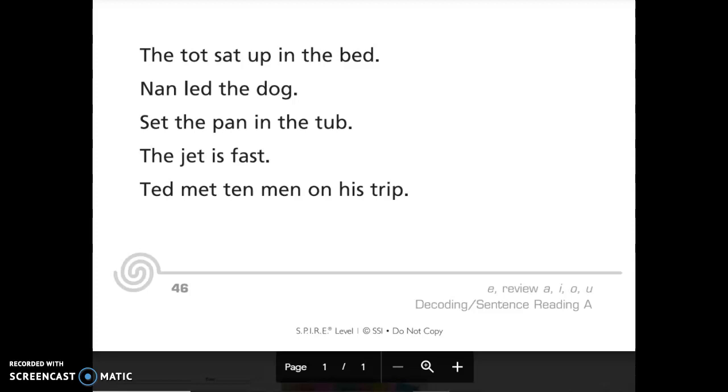And what do we know about the jet? That's right, it is fast. Okay, we'll read the last sentence silently. And who did Ted meet? That's right, he met 10 men.